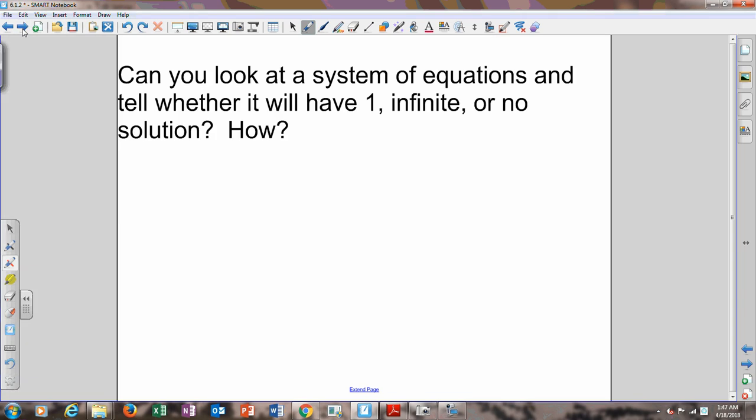Can you look at a system of equations and tell whether it will have one, infinite, or no solution? How? Well, it's pretty simple. If the two equations are completely different, then it's one solution.